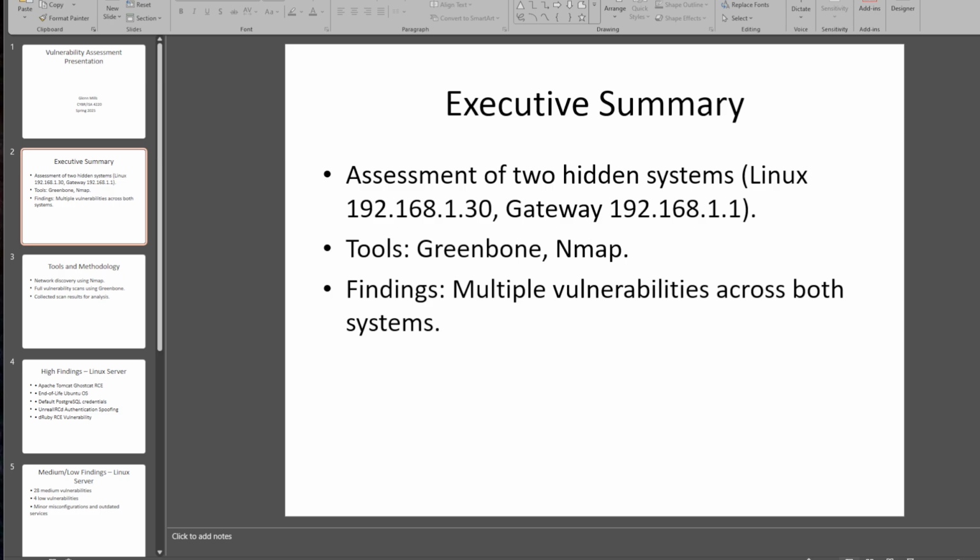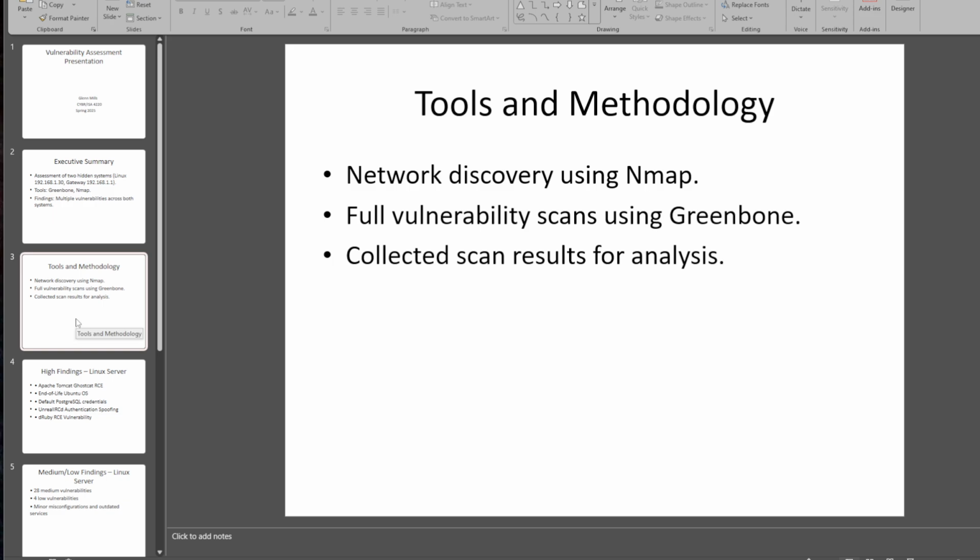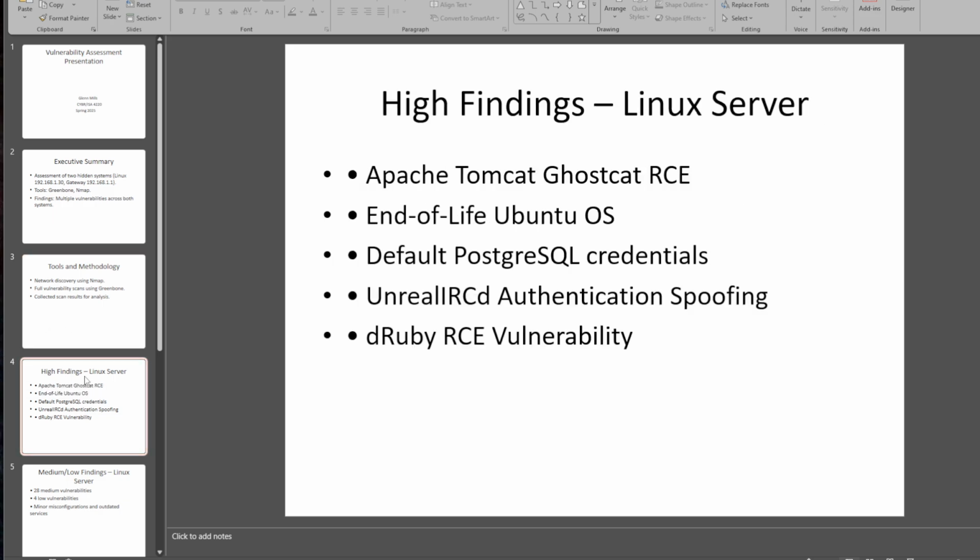The Linux server had 15 high severity vulnerabilities, and then 28 medium and 4 low vulnerabilities. The gateway system had 2 medium and 2 low vulnerabilities.